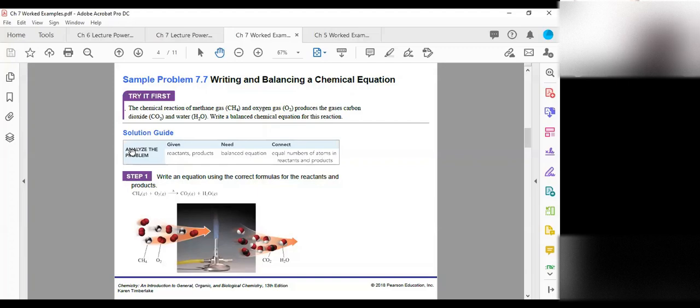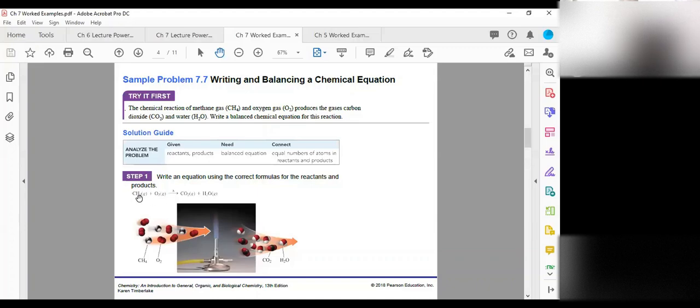So start with the atom that appears once on that side of the equation. For example, oxygen appears in 2 compounds on that side, so I wouldn't start with oxygen. I could start with either hydrogen or carbon, because carbon appears only once on this side, and hydrogen appears only once on this side.